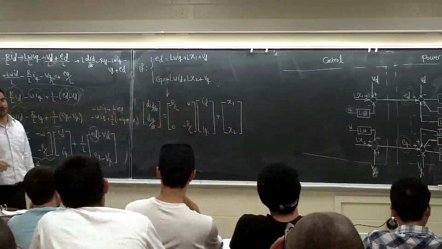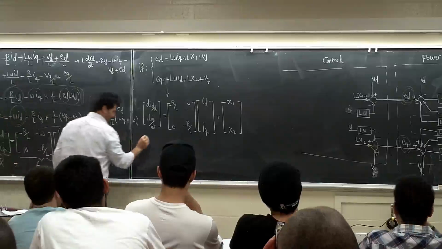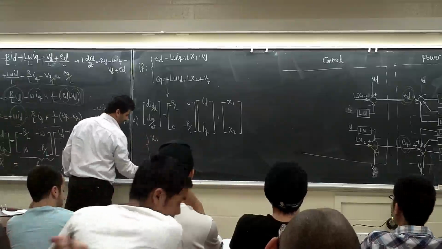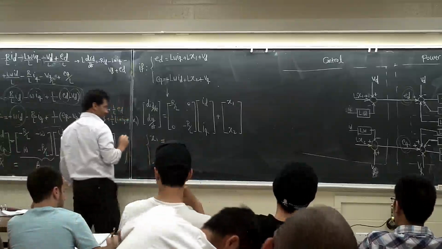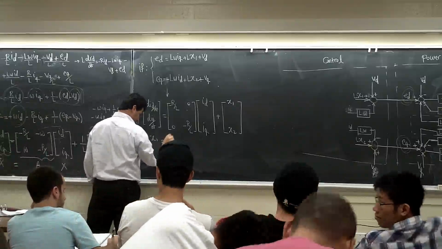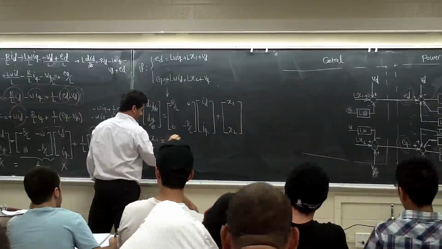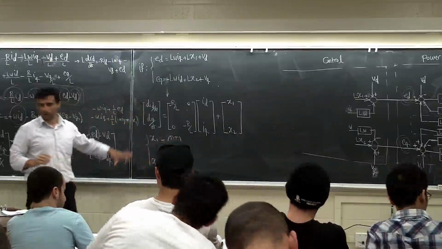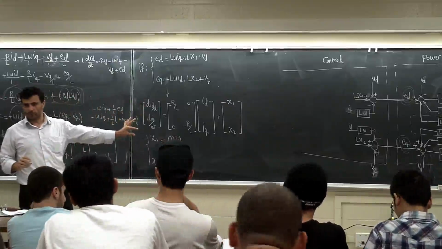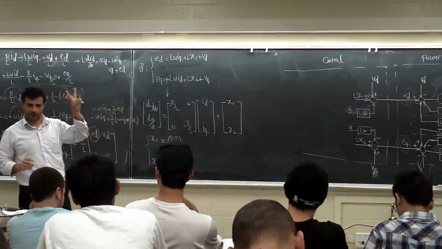Now, x1 and x2, what are the x1 and x2? I don't know, let's put it PI. I mean PI, this is a PI controller. Block for the PI controller. We had two types of PI, right?